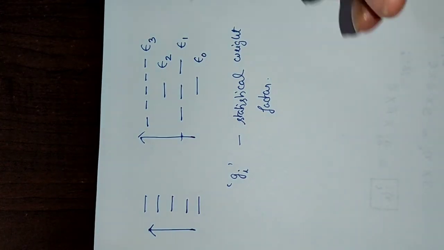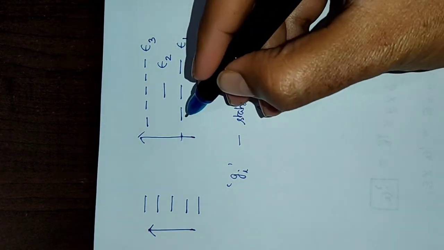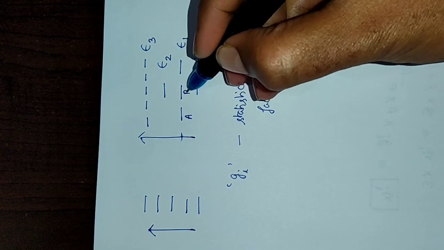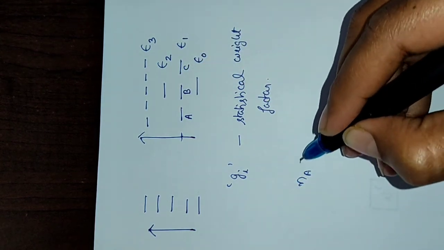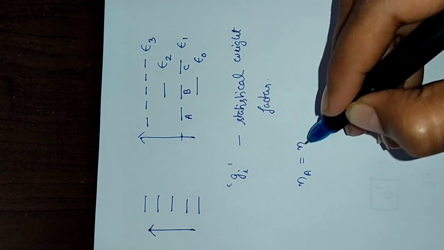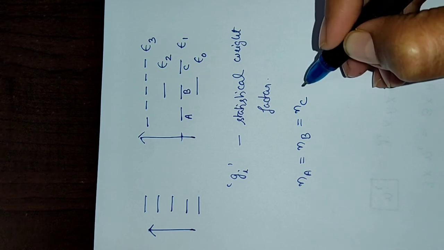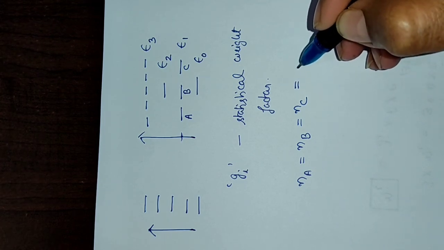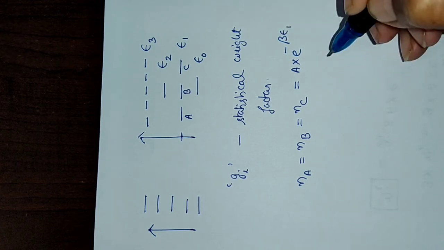Now, what will be the effect on population? Let us name these states to be A, B and C. Now, the population in the Ath state will be equal to the population in the Bth state, and that will be equal to the population in the Cth state, and they all will be equal to A into e to the power minus beta epsilon 1.